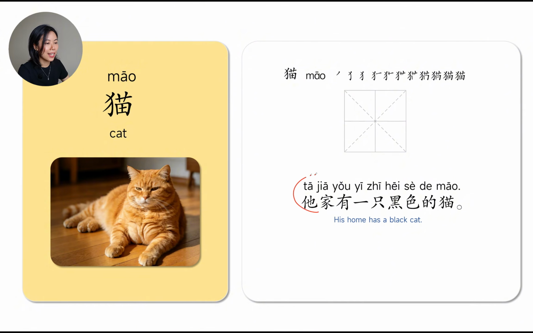So 他家 his home, 有 has, have, 一只, the 只 is the measure word for animal.